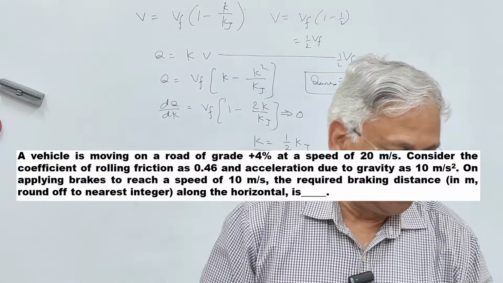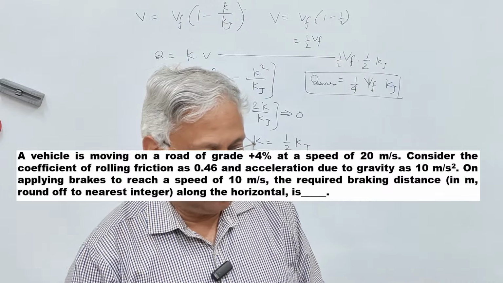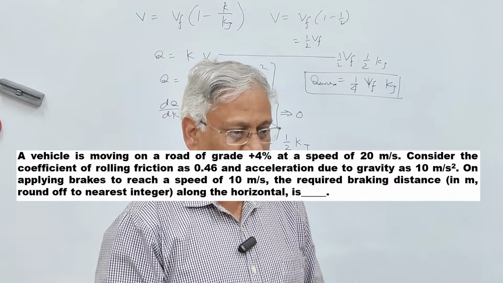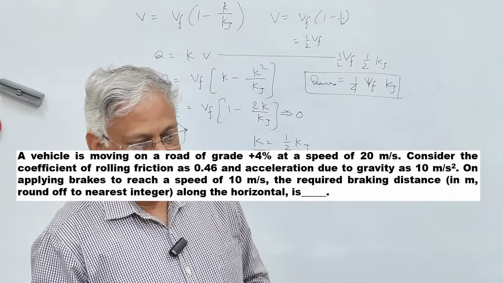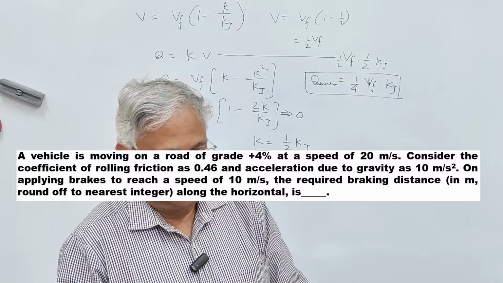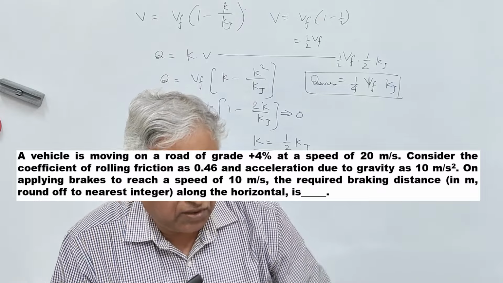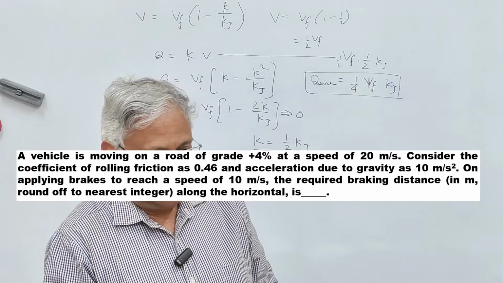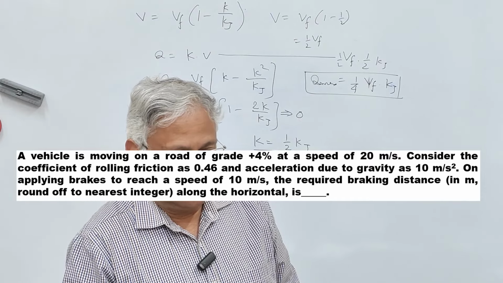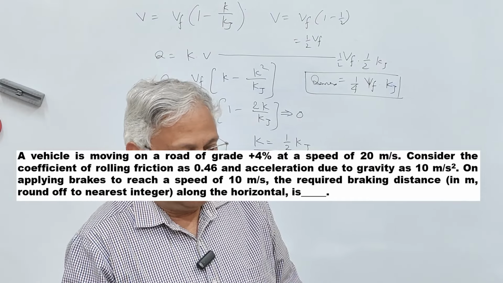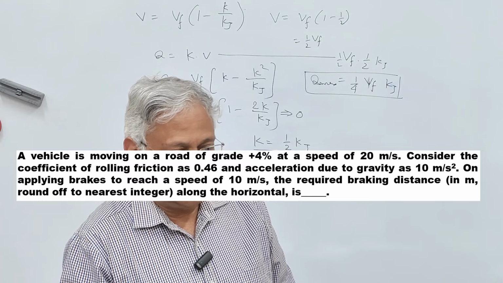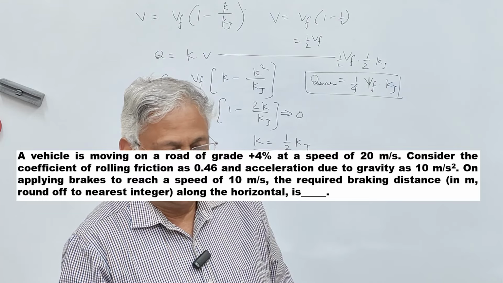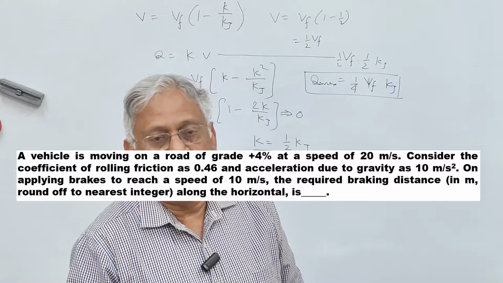Third question is, a vehicle is moving on a road of grade plus 4% at a speed of 20 meters per second. Consider the coefficient of rolling friction as 0.46 and acceleration due to gravity as 10 meters per second square. On applying brakes to reach a speed of 10 meters per second, the required braking distance will be.